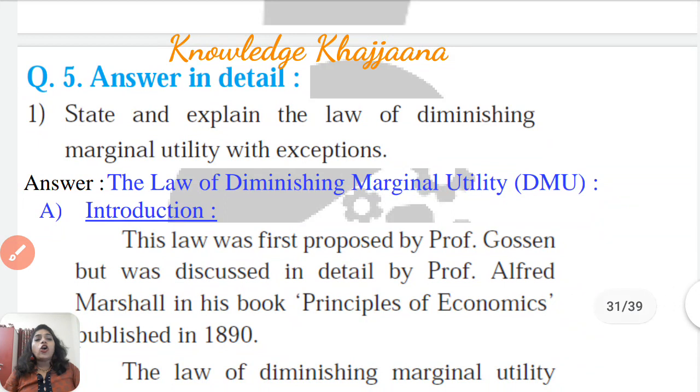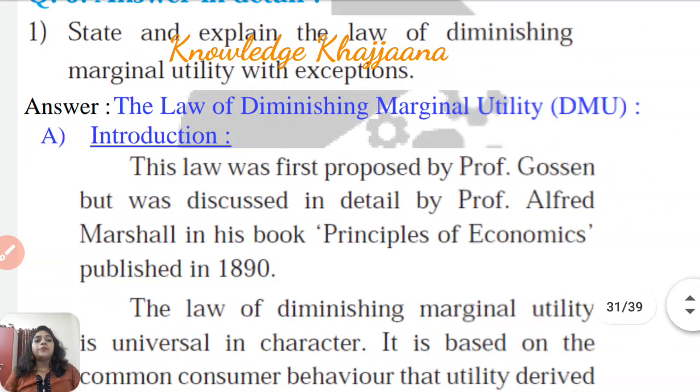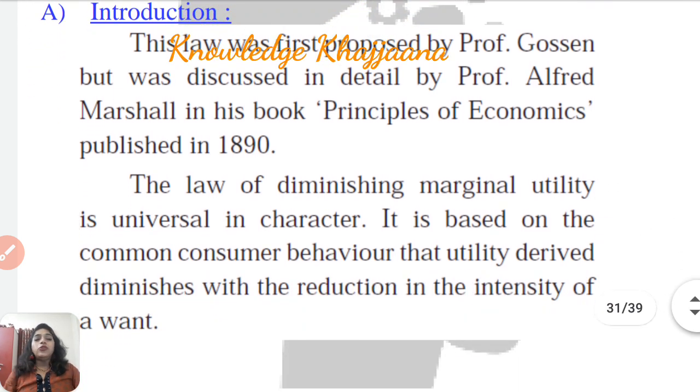The law of diminishing marginal utility, that is DMU. First, you have to give its introduction. What can you write in the introduction? This law was first proposed by Professor Gossen, but was discussed in detail by Professor Alfred Marshall in his book Principles of Economics, which was published in 1890. The law of diminishing marginal utility is universal in character.